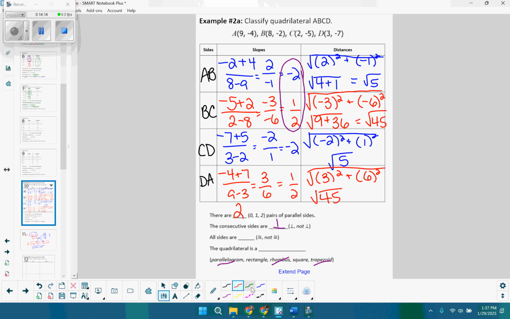So now looking at my distances, I'm looking to see if all sides are congruent. These numbers are different, so all sides are not congruent. So between the rectangle and the square, the rectangle is the one without the sides congruent.